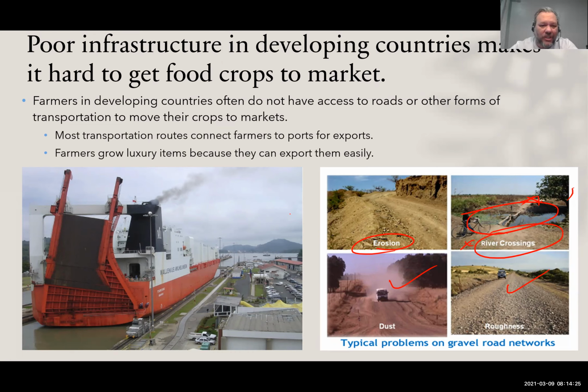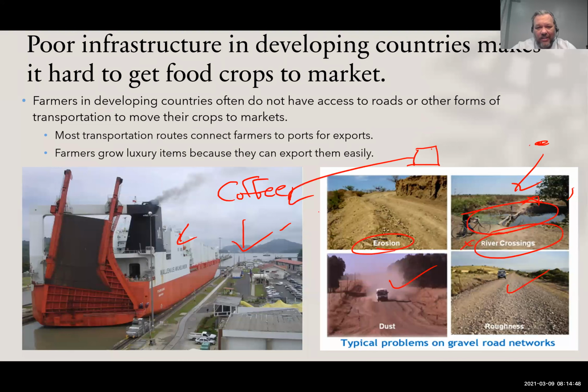And then once you get it to the port, and so this would be part of the infrastructure as well. So if you're a developing country, and let's say that you produce coffee beans, you need this infrastructure because you need to allow these ships to come in because your crop gets grown over here, gets sent on these roads here, and then ends up in a smaller place, and then it finally ends up in these port cities, and then gets loaded onto this.